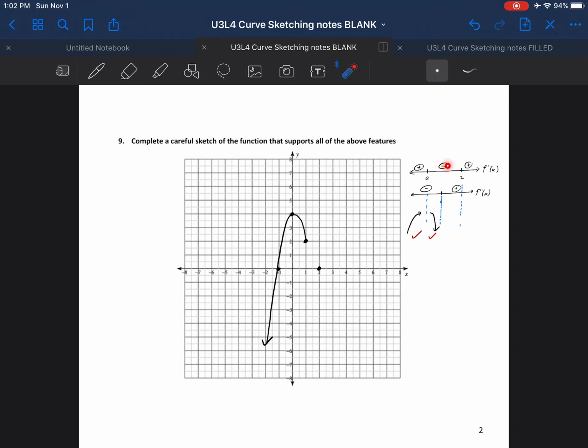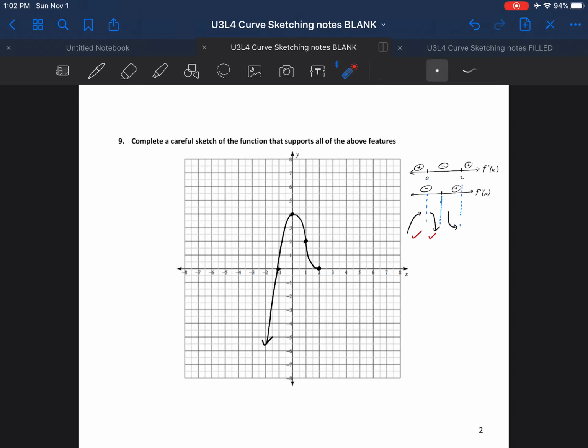So decreasing but concave up looks something like this, okay? That's going to happen until 2. Oh, I had it a little bit higher than 1 right there, okay?